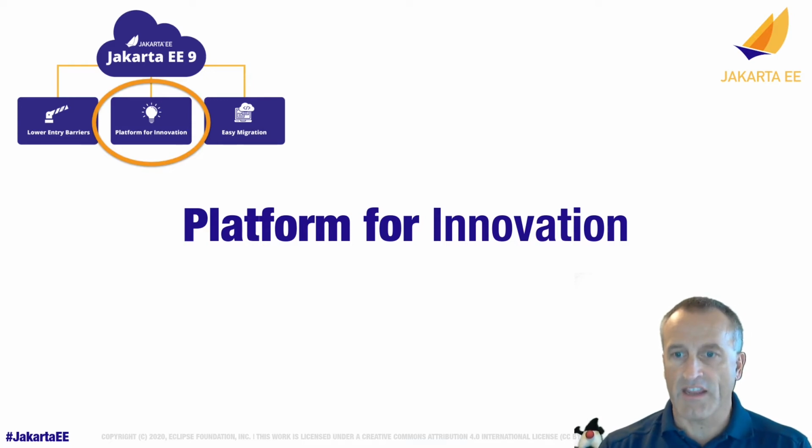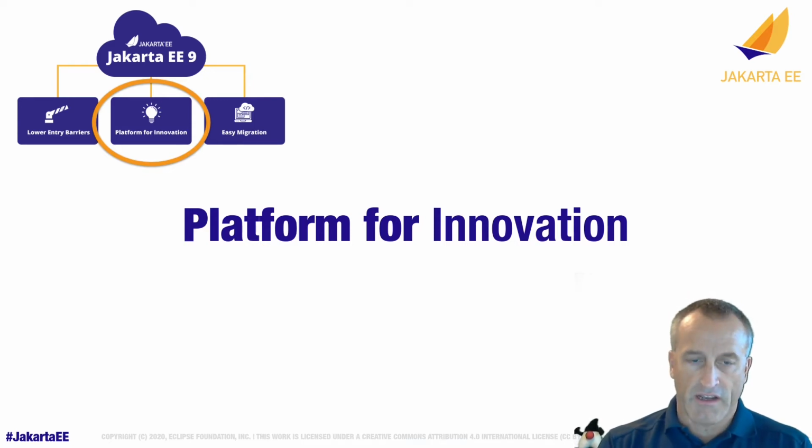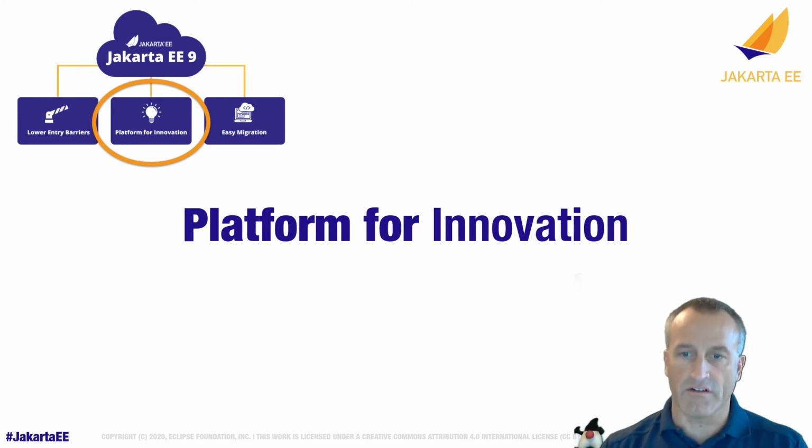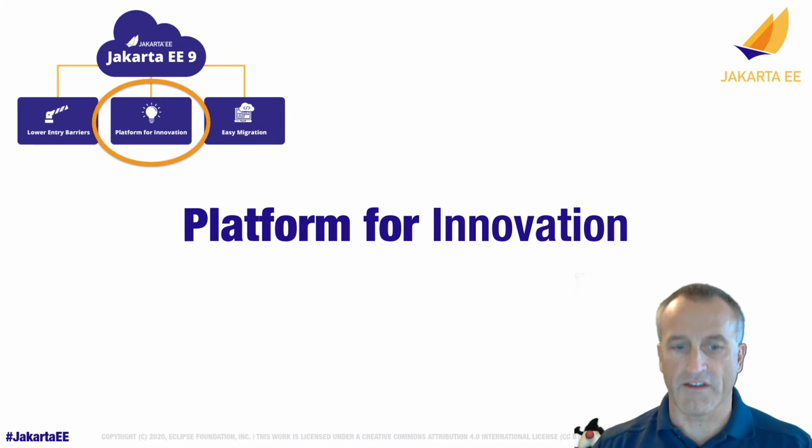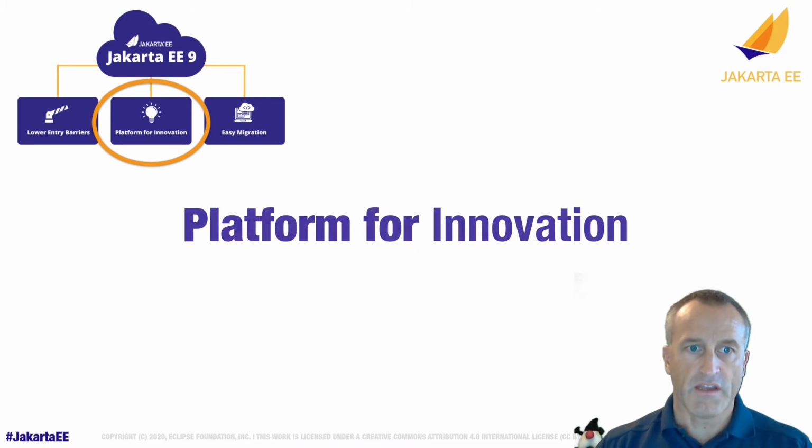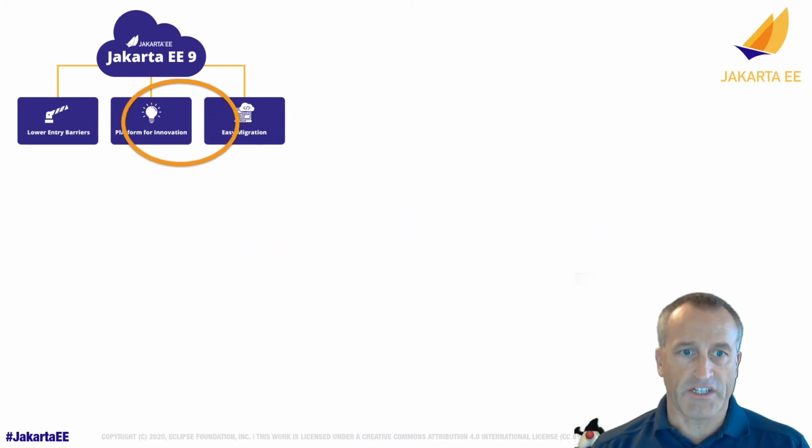We're not bringing any new things to the table here, but we're setting the foundation. This is the specification that is released as the final step of the transfer from Oracle. We first had Jakarta EE8 to validate the transfer, and then we're doing 9 to be ready to innovate further. And we also have the easy migration.